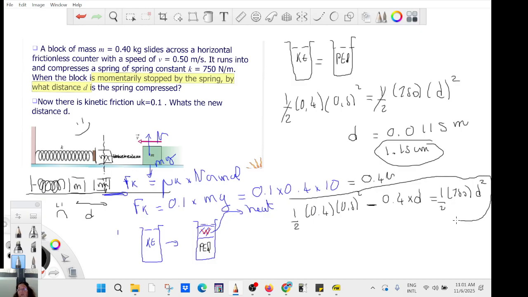And then either you know how to use your TI or you don't. I'm not going to do it. This is a quadratic equation. You can multiply everything by 2, so you have 750 d squared plus 0.4 d, and so on.